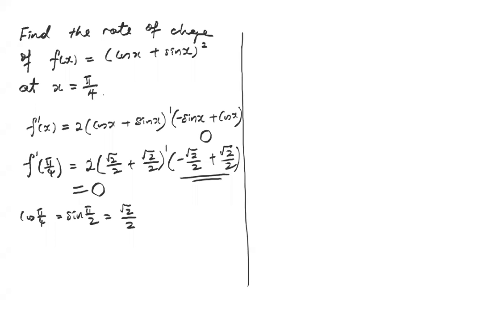All right. So if you don't want to do it this way, you can also do it this way. You expand first: cos squared x plus 2 cos x sin x plus sin squared x. So if you know, this will be 1 plus sin 2x.